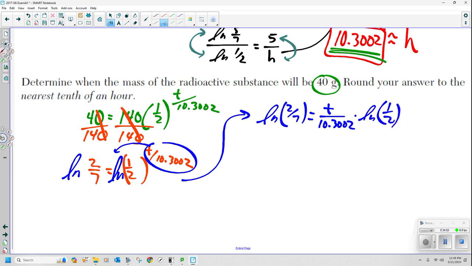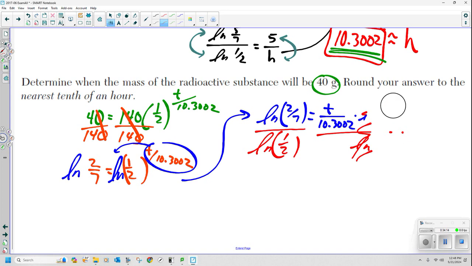Again, I mean, this feels like we're doing the same thing, times the ln of 1/2, or excuse me, divide by the ln of 1/2. And now all I've got to do, now this is bye-bye, is really just multiply both sides by 10.3002. What I do to one side, I have to do to the other side.